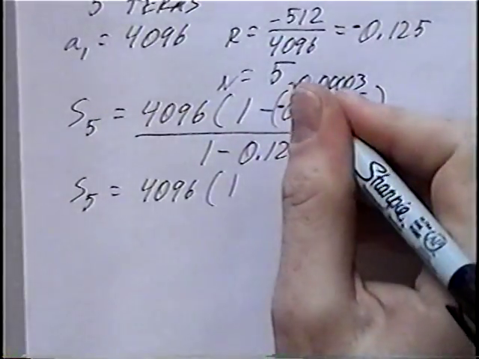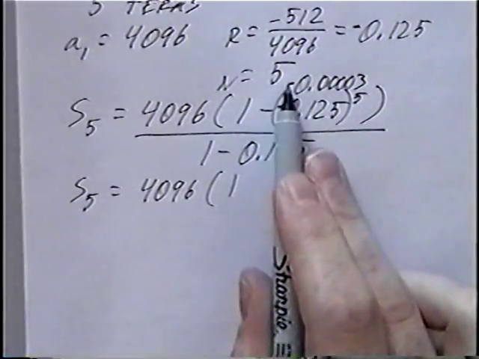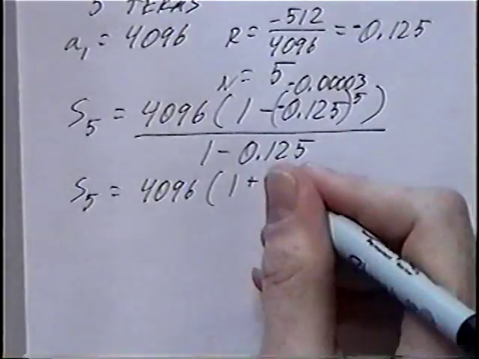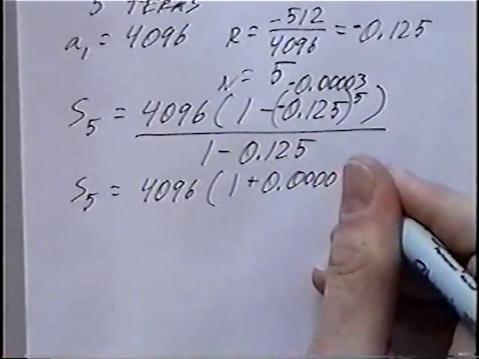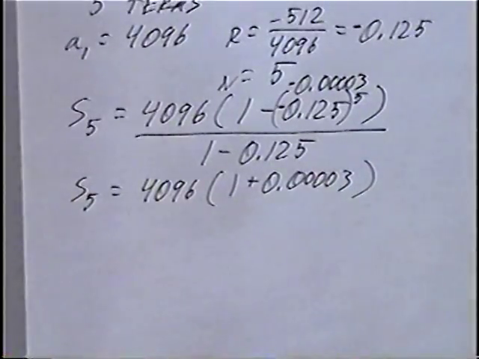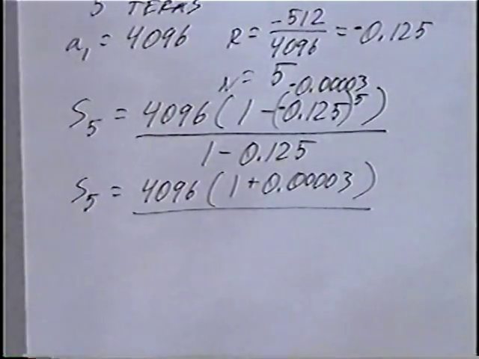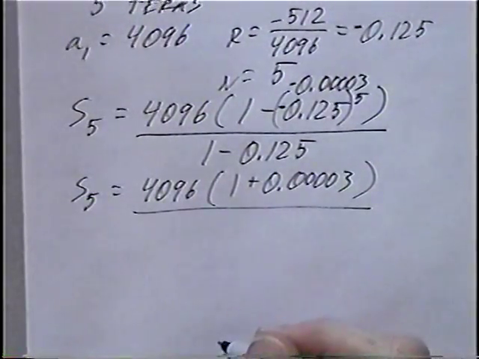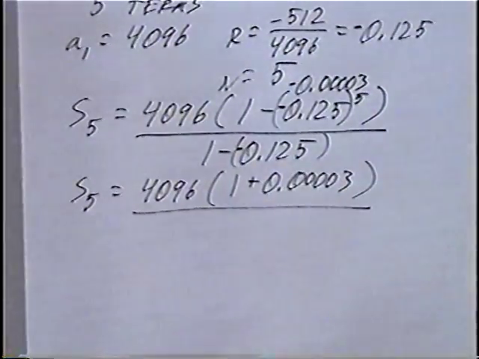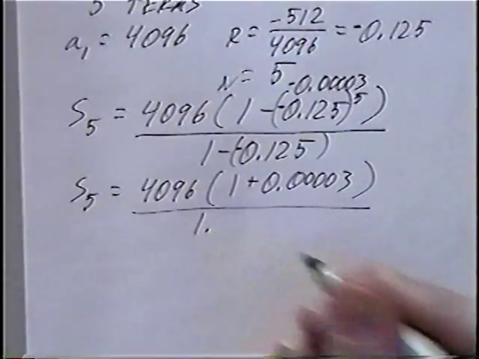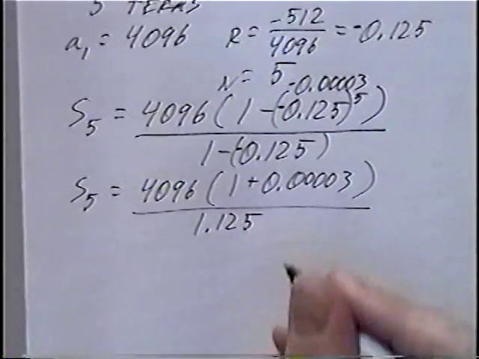And this would be negative since it's to the 5th power. Minusing a negative would be positive, 0.4 zeros and a 3. Divided by, and again this would be a negative in the denominator, so we'll be adding, 1.125.